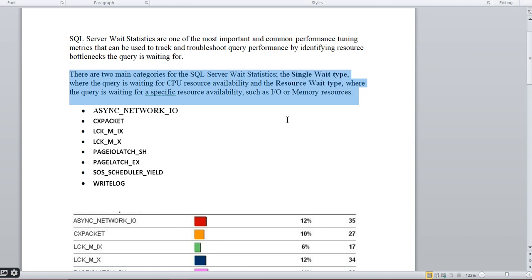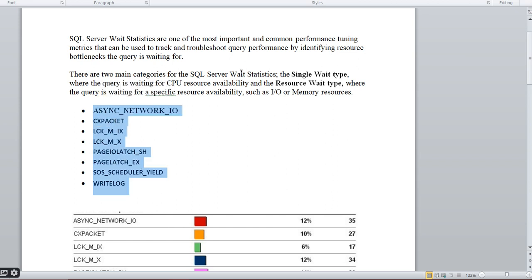Now we are going to discuss the dangerous wait types in SQL Server which can impact your performance.